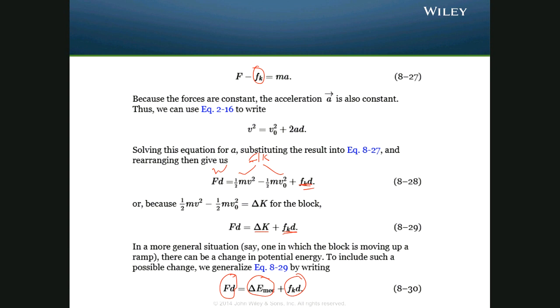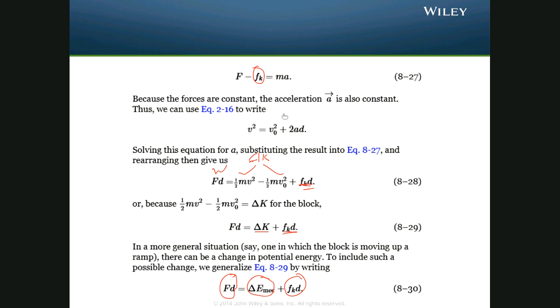If you're looking for some specifics, go back to our Chapter 7 lectures where we actually do this for the frictionless case, and we derive this equation without the friction term. You can see how all these substitutions work if you do it that way, so we don't have to redo those.